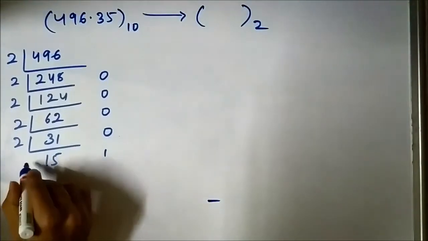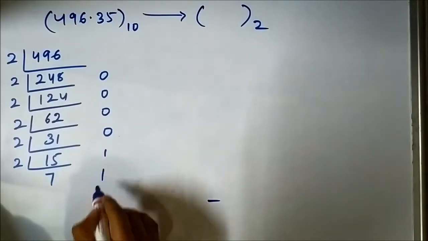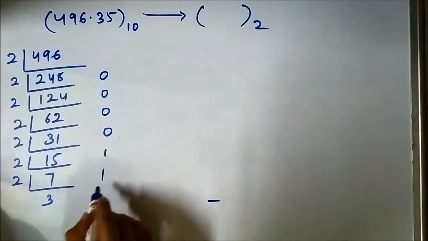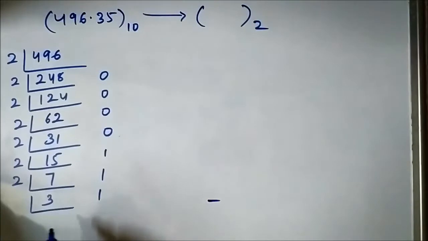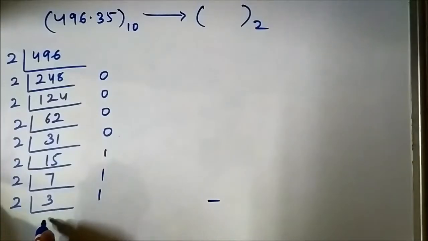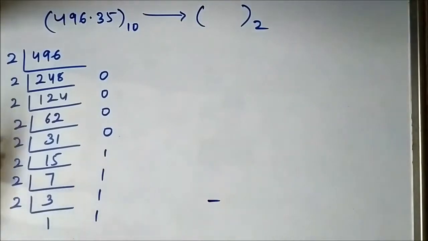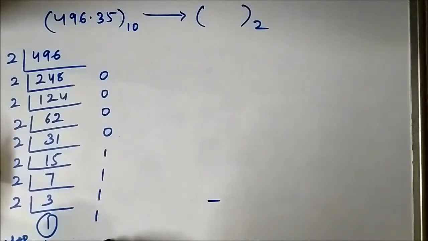Again, 2 into 7 is 14, 15 minus 14 is 1. 2 into 3 is 6, 7 minus 6 is 1. Again 2 into 1 is 2, 3 minus 2 is 1. Once we reach 1, we will stop there and move upwards.